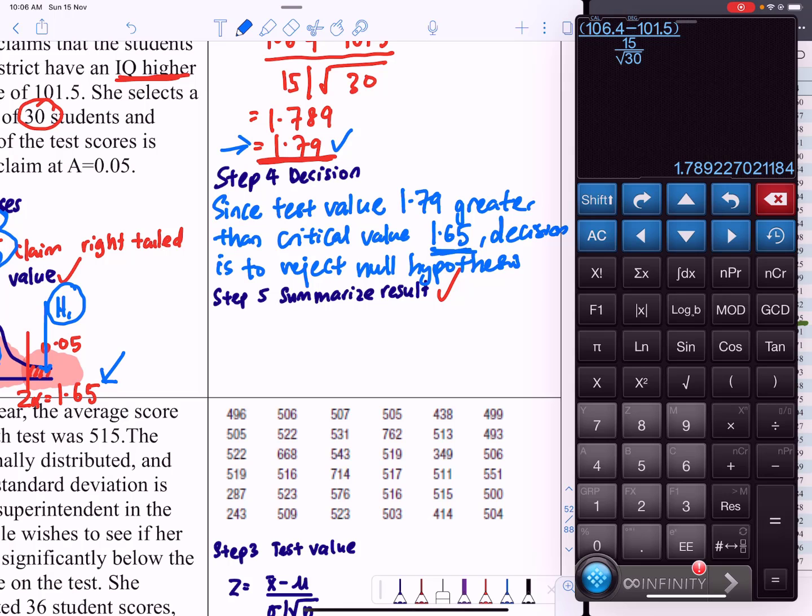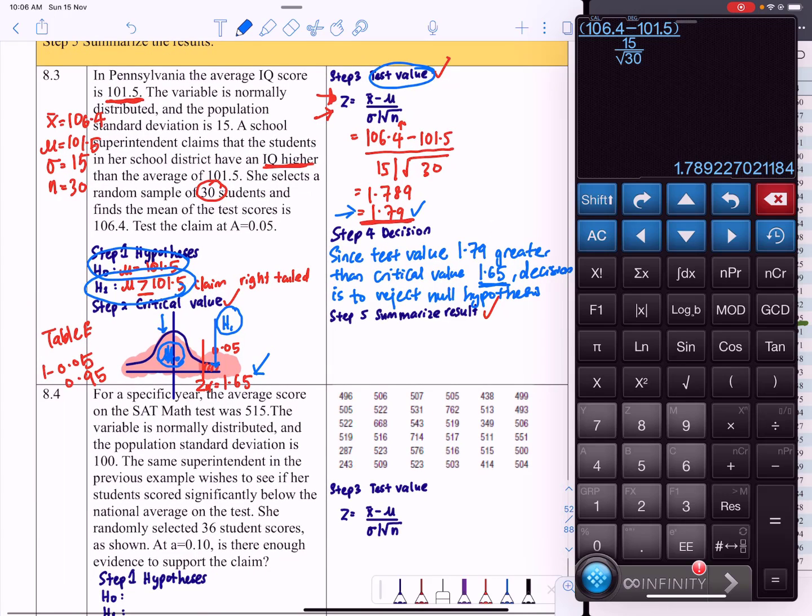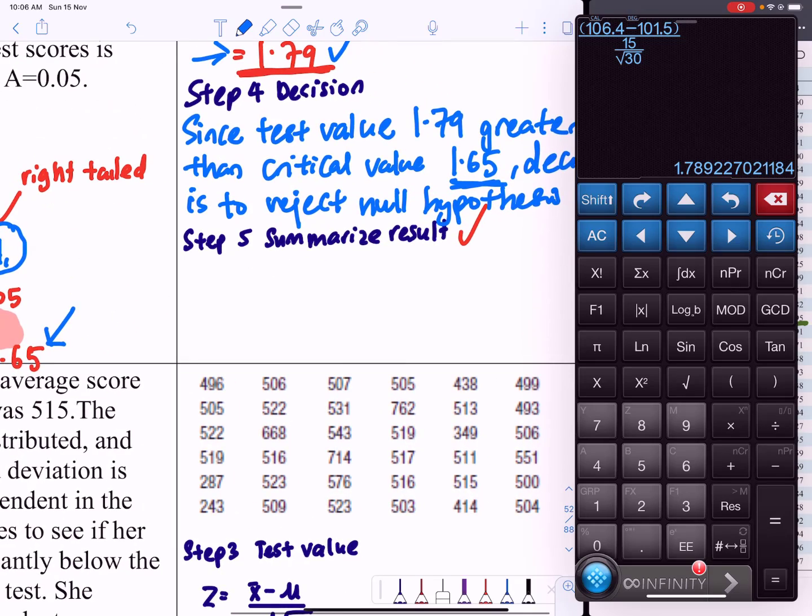Then we need to summarize the result. When we summarize the result, it is based on what the question is and what the statement is all about. What's the main point here? Then we summarize.